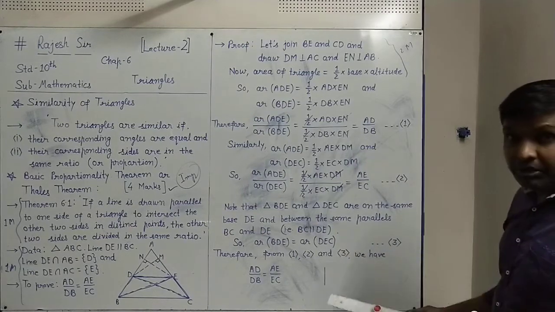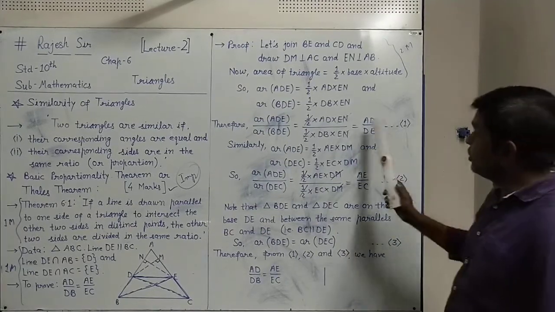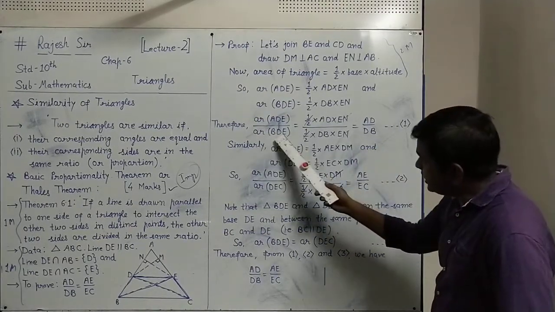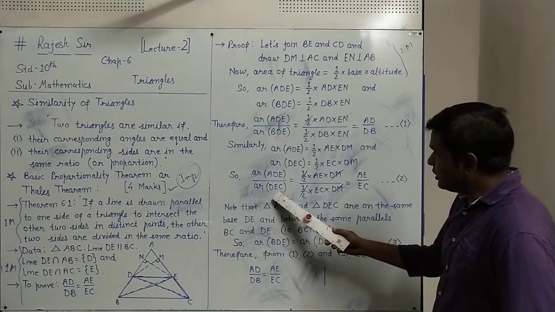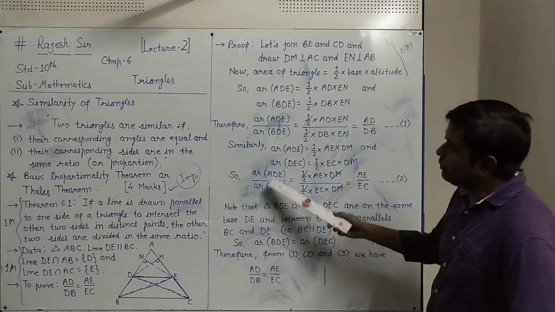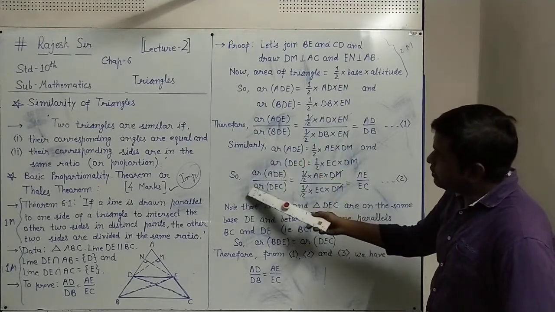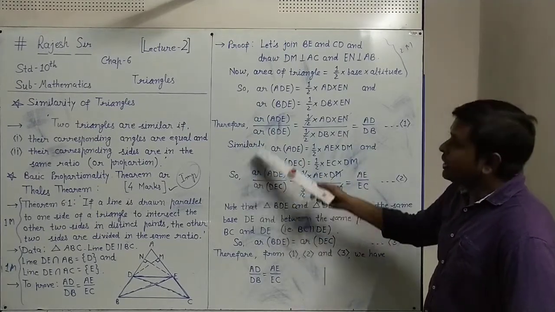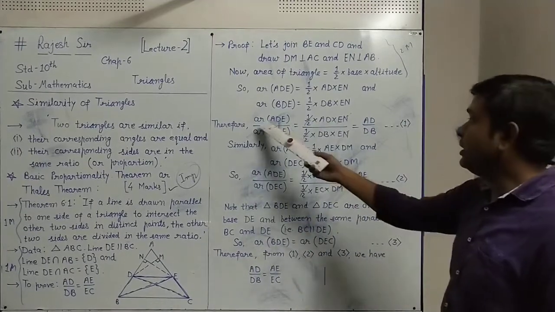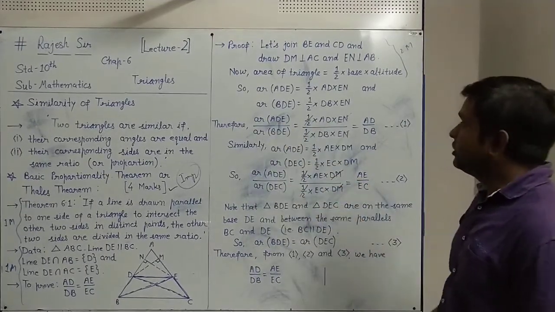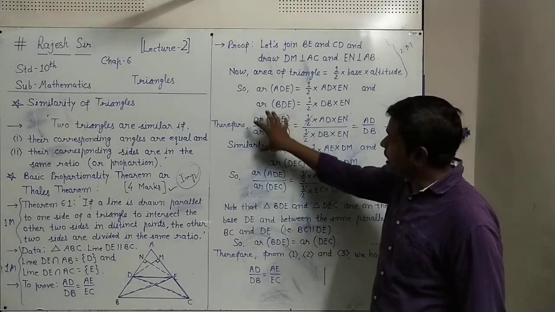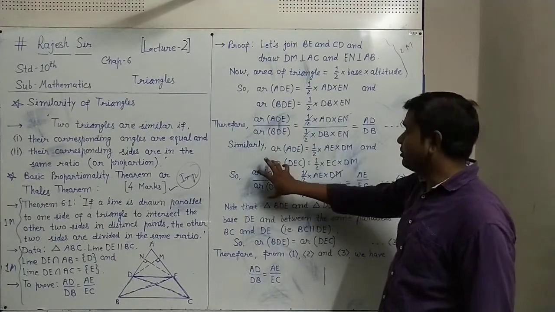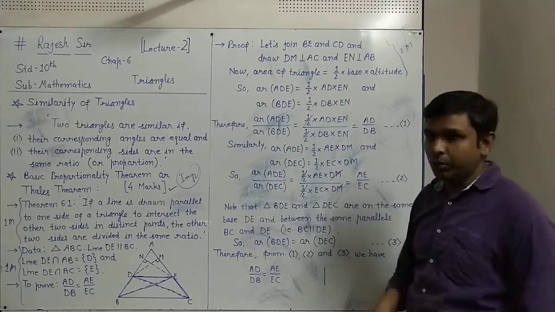From result number 3, we can conclude that the area of BDE down there in result 1 and the area of DEC down there in result 2 are equal. The upper areas are of the same triangle, ADE, and the lower areas are BDE and DEC. So from result 3, the left part of result 1 and the left part of result 2 are totally equal.